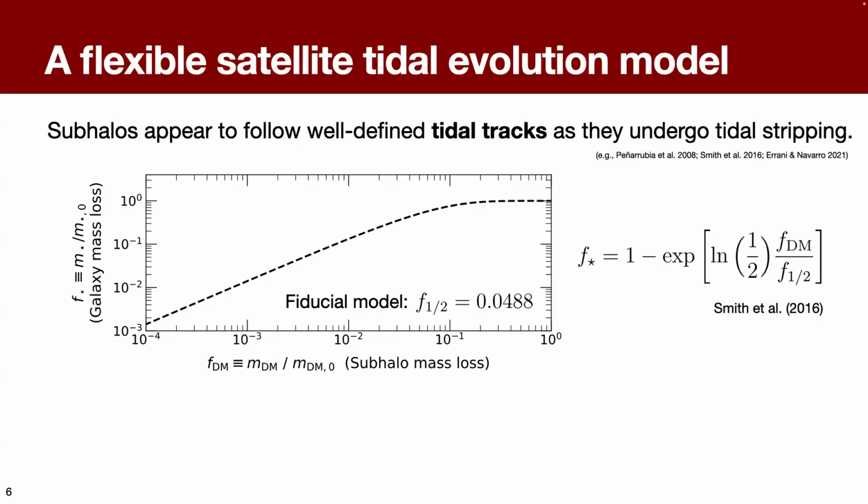And then the other thing is that this Smith et al. work, this form of the tidal track, was empirically determined from hydrodynamic simulations, which suffer from their own set of numerics that come into play because you're typically simulating your stars or baryons and the dark matter at different particle masses.